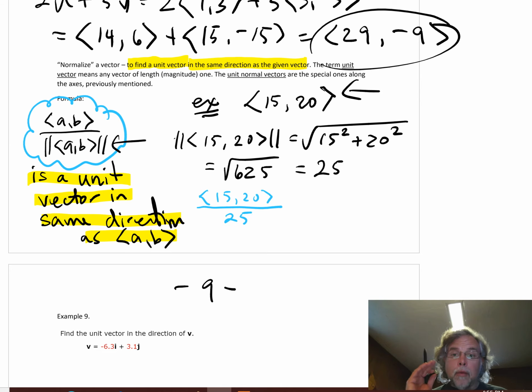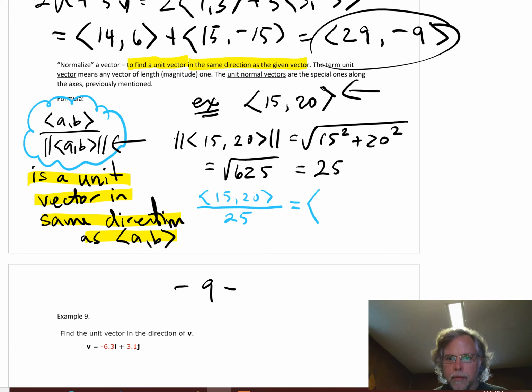Now what it even means to divide a vector by a number really comes from the same thing as scalar multiplication. So dividing by 25 is the same as scalar multiplying by 1 over 25. So in a nutshell, what that means is divide both coordinates of the vector by 25.